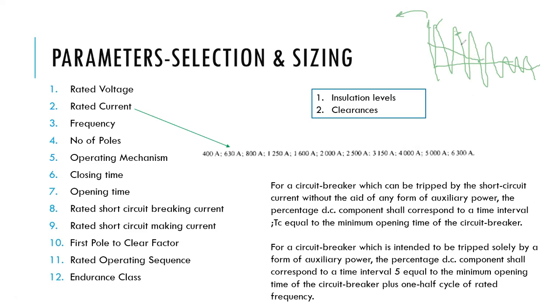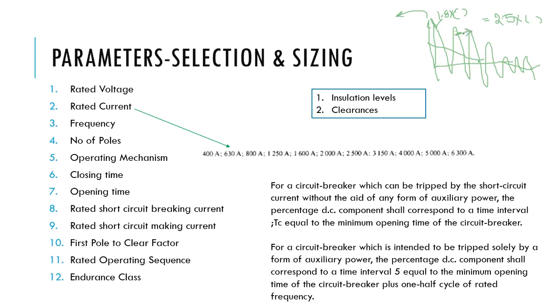But the breaker might close in the subtransient period, which is nearly 1.8 times the transient one. So as a safety and rule of thumb, they are using 2.5 times the short circuit making current. That is the concept behind this, because always the breaker is operating here.